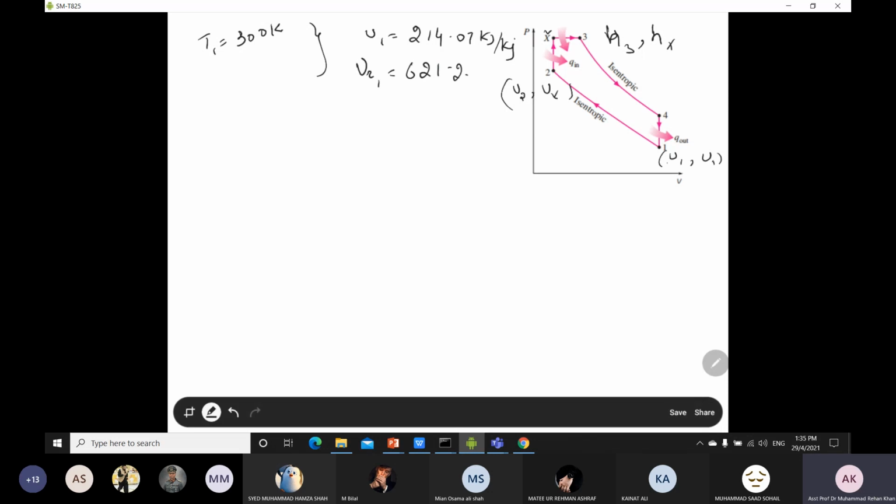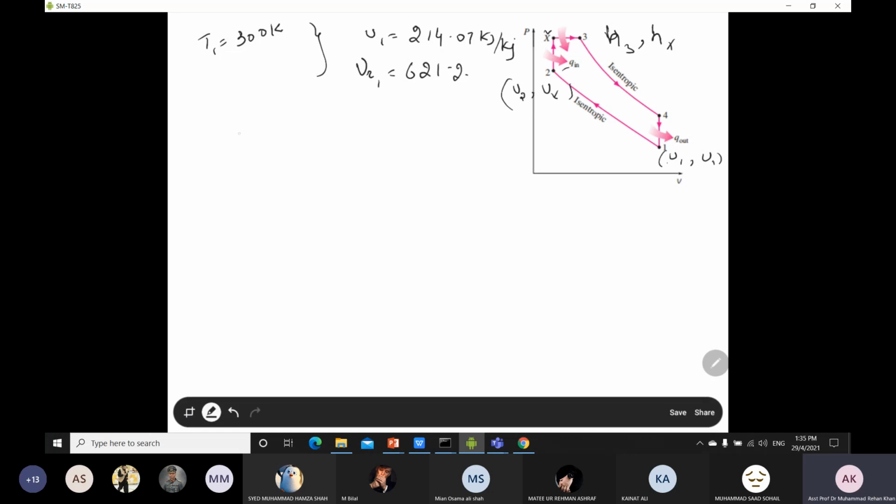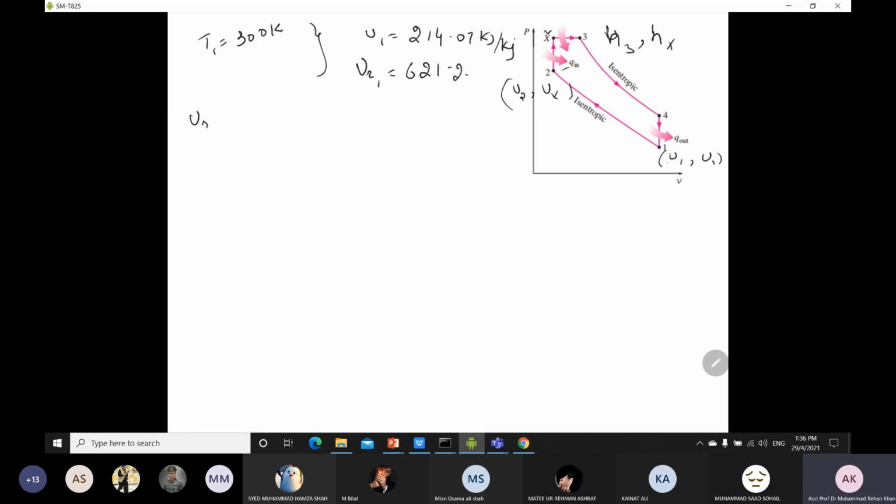Now we have to find other parameters, because at point number 2 we do not have the temperature value or any other data, so we have to find the relative specific volume at 2 in order to find the value of U2. We already know that for an isentropic process, relative specific volume at 2 over relative specific volume at 1 is equal to V2 over V1.